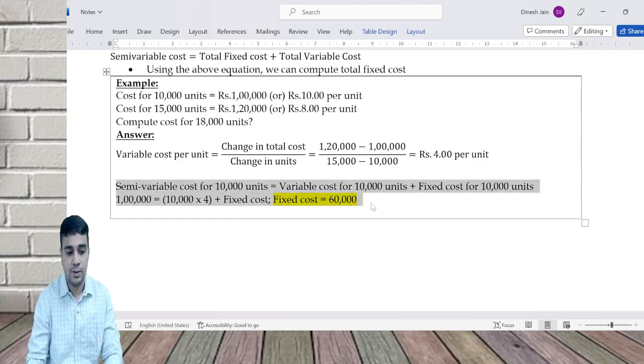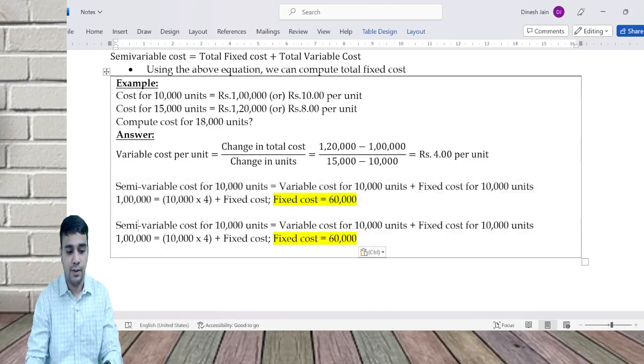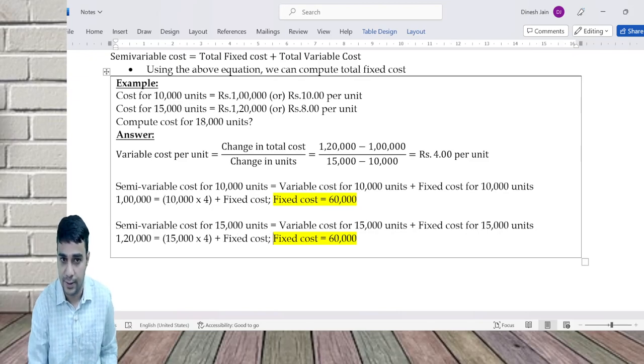Another approach, you need not write this. Assuming I was to take 15,000 units for calculation purpose. Semi-variable cost for 15,000 is equal to variable cost for 15,000, fixed cost for 15,000. 1,20,000 is equal to 15,000 into 4 plus fixed cost, balancing figure, same 60,000 you will get.